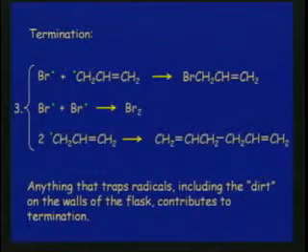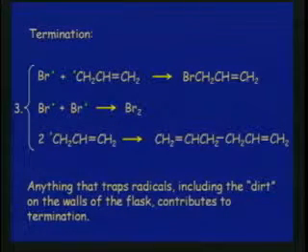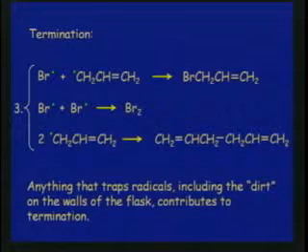If they find each other, it's death. It's death to the propagation cycle because you need the dots to propagate the cycle that we just saw a minute ago. So this can be any radical recombination to make any of these species, or in fact any dirt in the reaction mixture on the walls or whatever can, in principle, cause your reaction to stop.